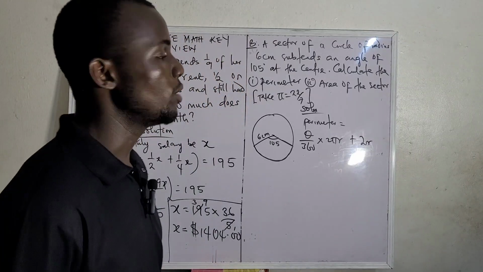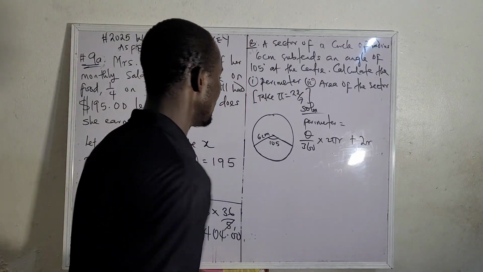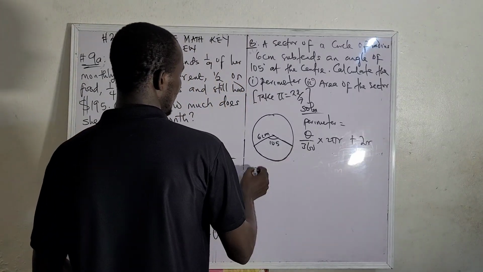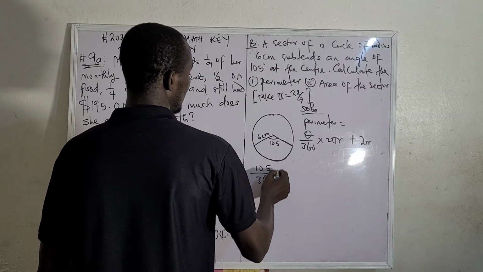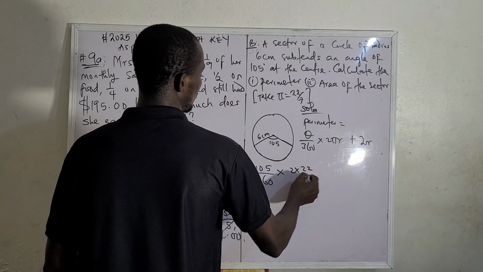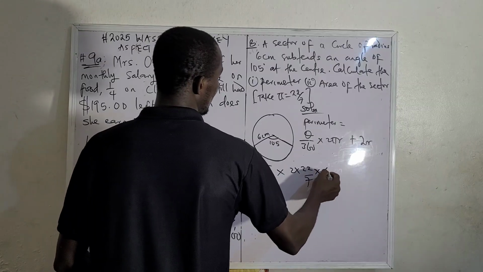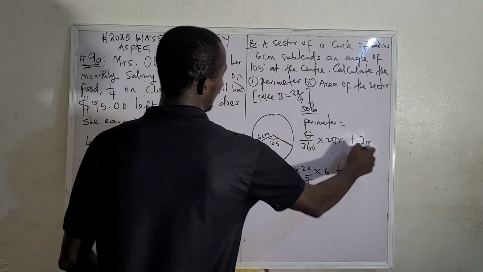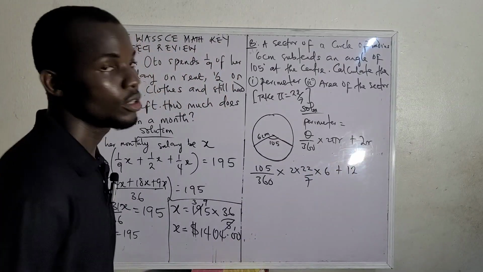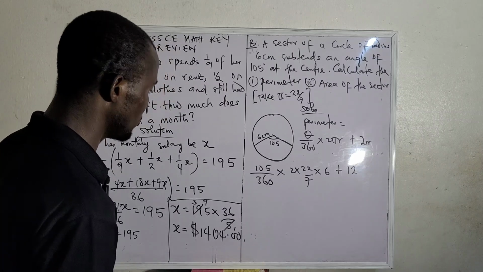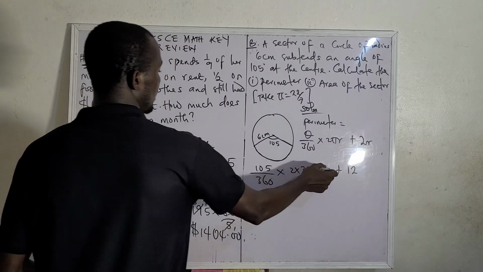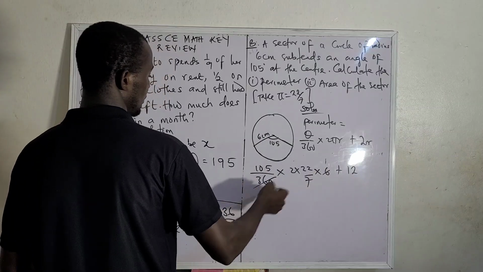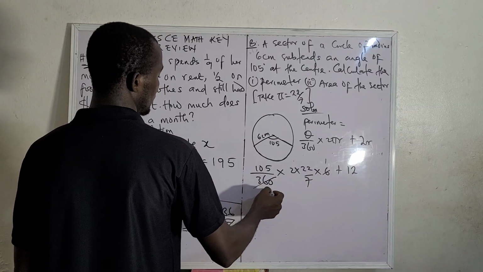That is the formula you are using. And so let's begin. Our theta here is 105. This is divided by 360 times 2 times 22 over 7 times 6, then plus 12, because 2 times 6 is 12. Right? So let's break it down gradually, or you can just use your calculator. 6 here is 1, 6 here is 60.